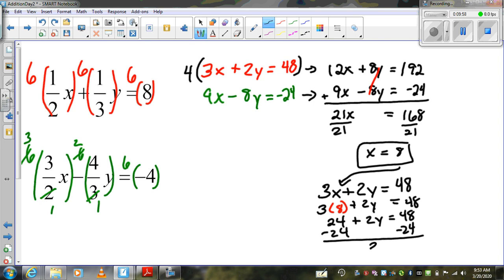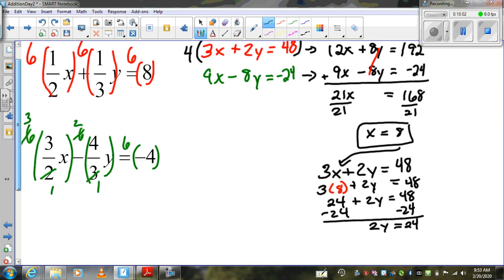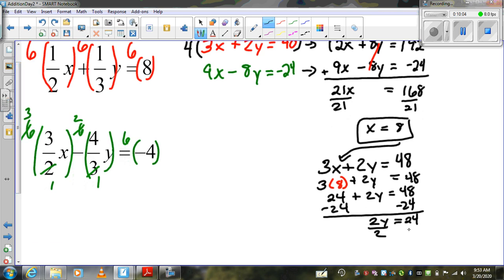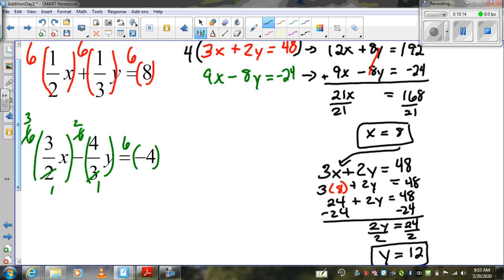So 2y is equal to 24, which means y is equal to 12. And there we go. Not as bad as you thought. Let's try one more.